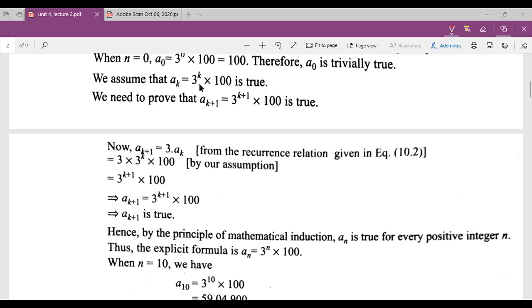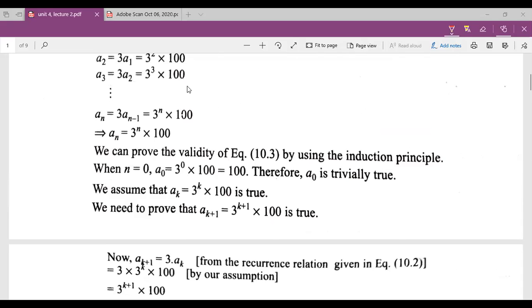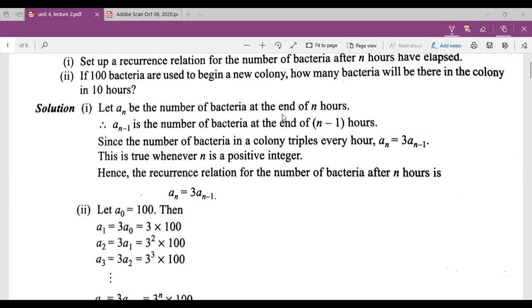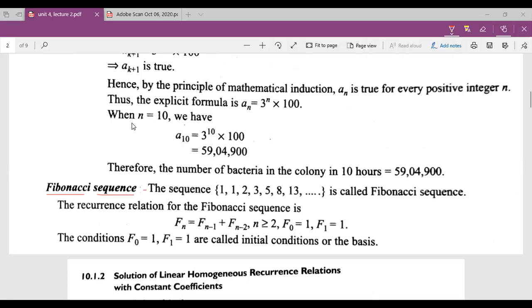In the second question, the question is how many bacteria will be there in the colony in 10 hours. So we have to calculate the number of bacteria present after 10 hours. We put n is equal to 10 in this relation, so a 10 is equal to 3 power 10 into 100.